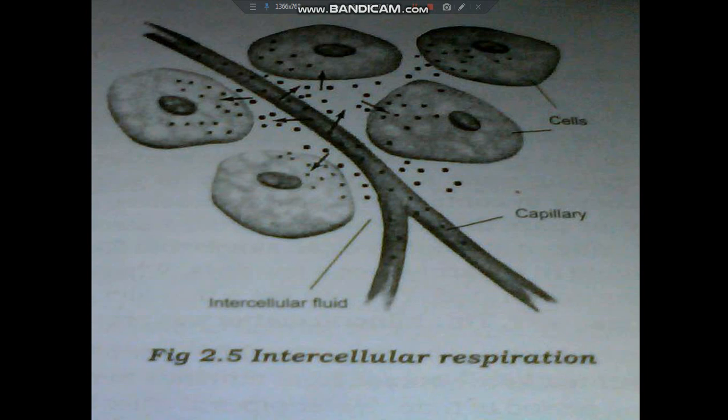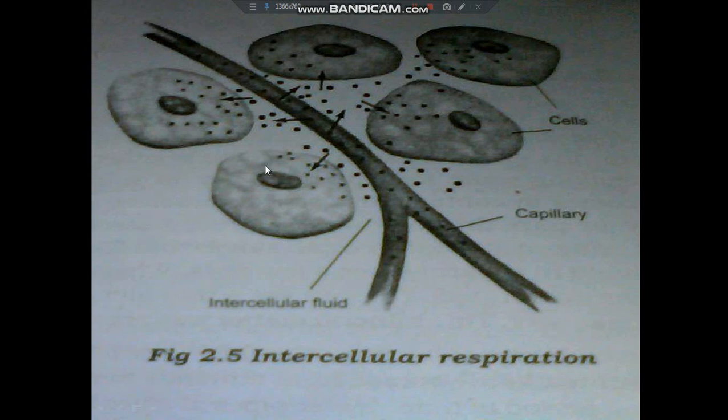In the inhalation, the oxygen was taken in from the windpipe, then into the lungs, then from the alveoli to the capillaries, capillaries to the arteries, to the heart, and then from the heart to all the other main arteries, and from there into the cells. Now here the whole process is reversed.